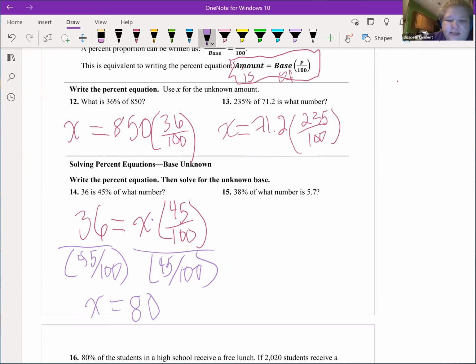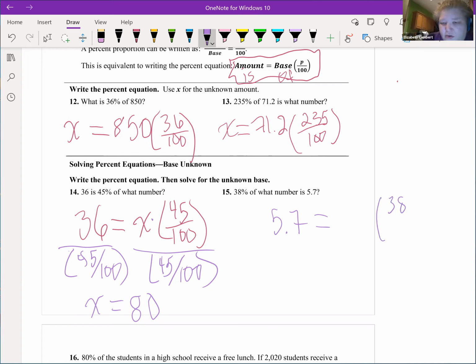All right, same song, second verse. 5.7 is the amount. So 5.7 is, now when you have is in a math statement, that is often where the equal sign is, and that's what's happening here. So we have 5.7 on one side, then is our equals, and now we're going to have the 38% in our formula.